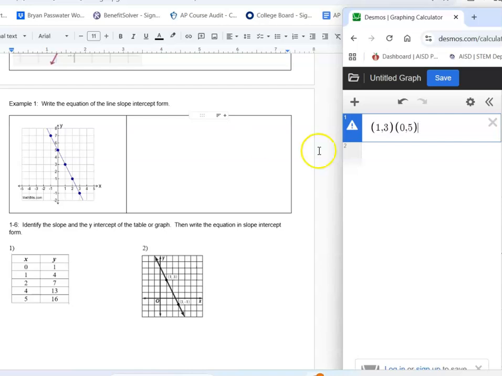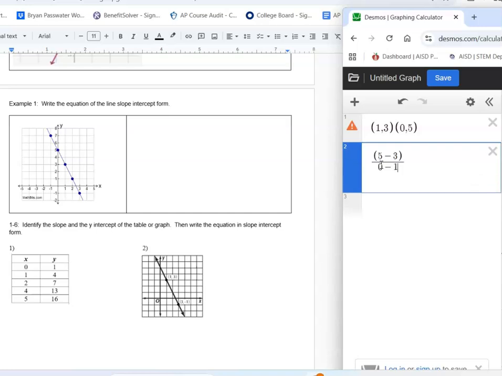So I'm going to use the slope formula with these 2 coordinates. First I'm using parentheses to make sure that the fraction is the whole thing on top. 5 minus 3 is 2, over 0 minus 1 is -1, so the slope is -2.